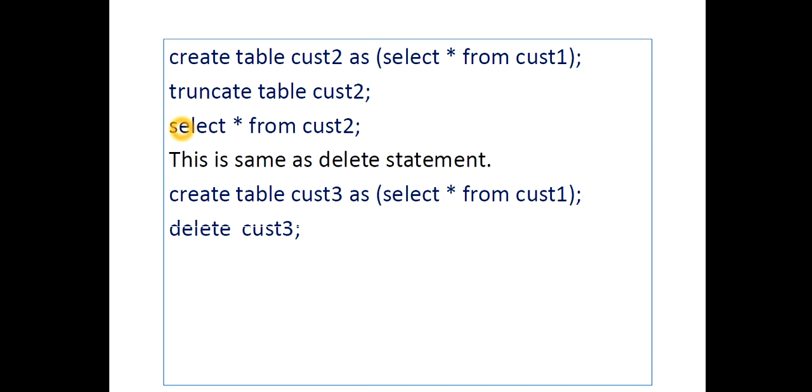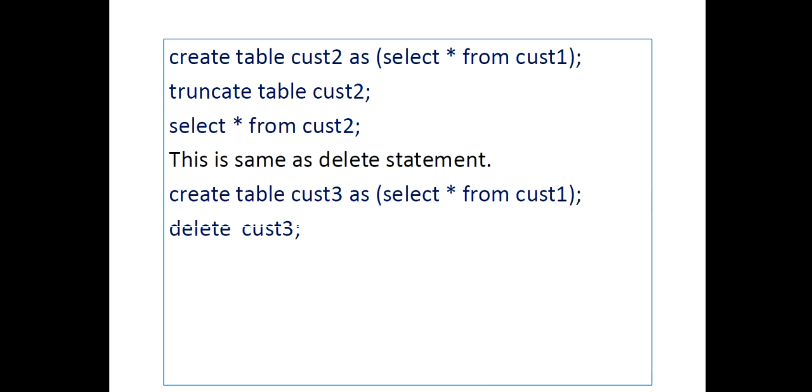Now let's ensure it with this statement: select all from cast2. But do remember, although this is the same as the delete statement, I'm not using any where clause here. Now say create table cast3 as select all from cast1.